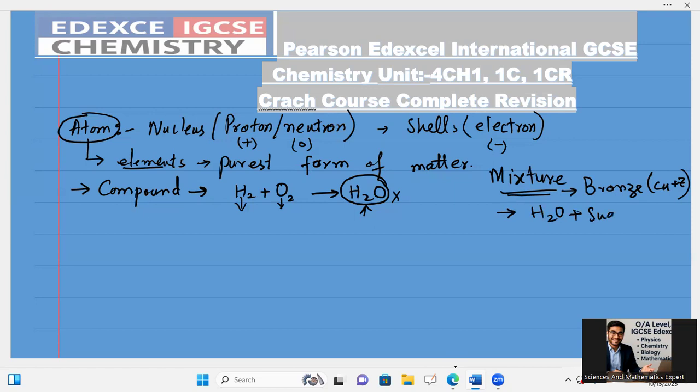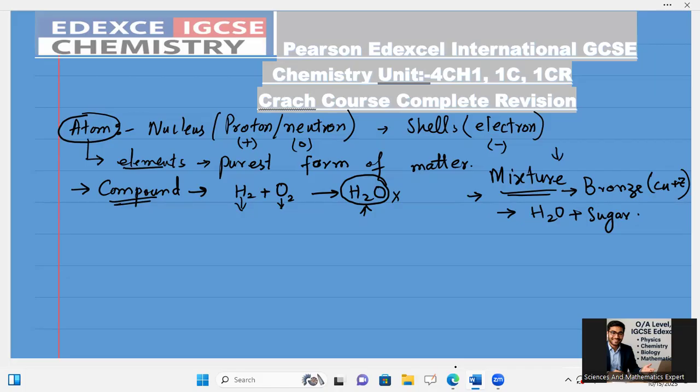Then it is a physical combination of two compounds or metals, and you are getting a mixture. And remember that for a compound, two or more elements are chemically combined in a fixed ratio, and for a mixture, there is no limit. You can add as much as you can.